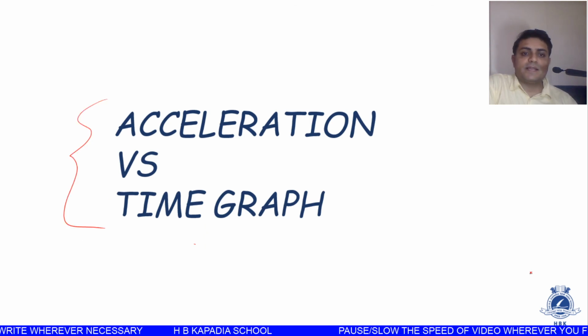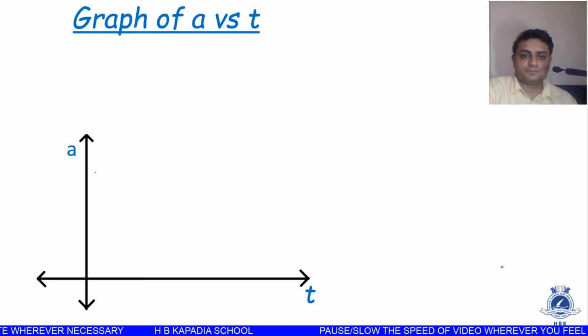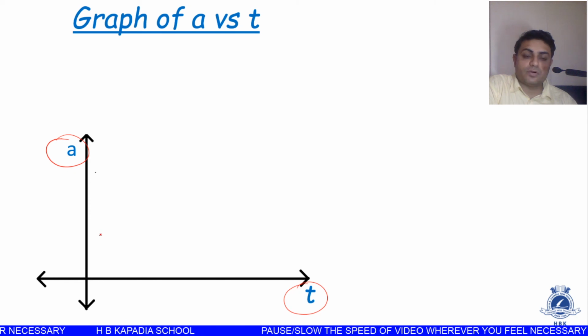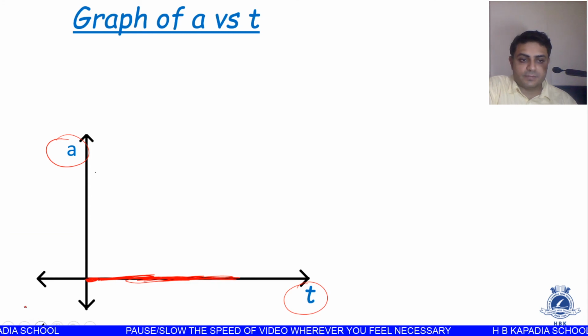Let's see the graph of acceleration versus time. If the acceleration is 0, or we can say velocity is remaining constant, then the graph will remain on the time axis. I am carefully shading this portion on the time axis, so let me highlight this part.